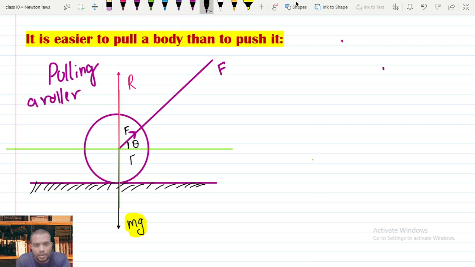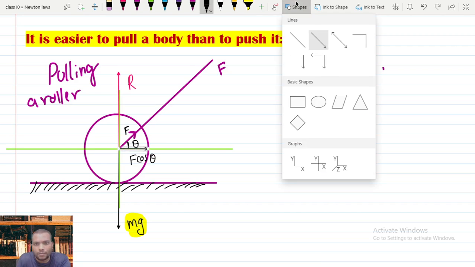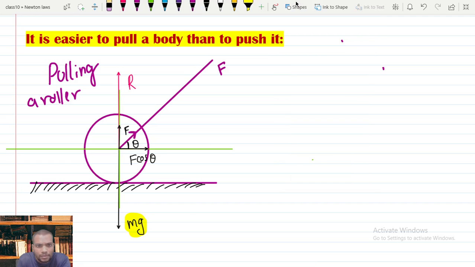This component is F cos theta along the horizontal. And one more component acts vertically upwards, and this component is F sin theta.